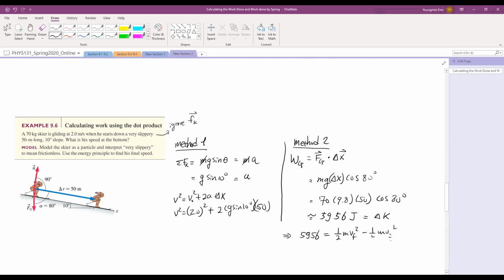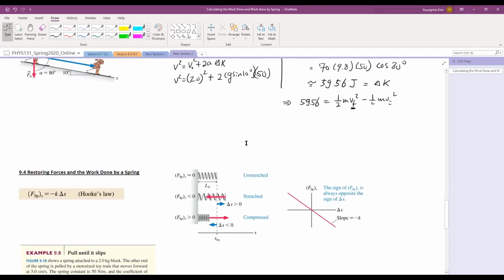For the initial, you put the 2.0 for the velocity, and for the mass the same 70 kilograms. So you only have one variable, and you can solve for the final velocity this way. I think this one was almost as long as method number one, but this is how you can solve this using the work and energy principle.